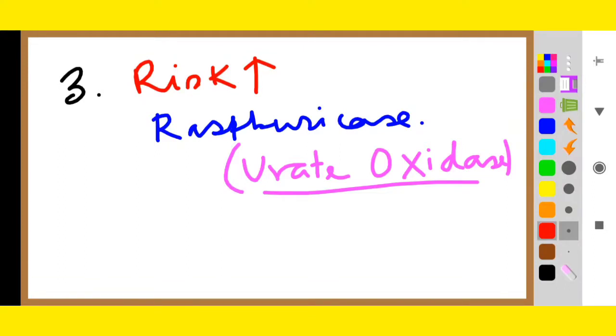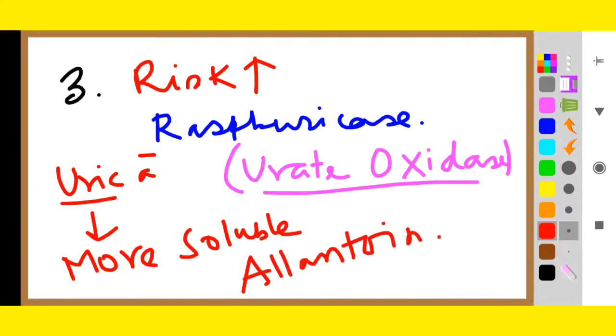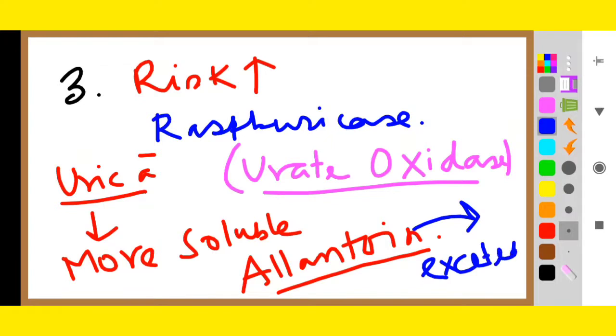The function of rasburicase is it converts the uric acid into more soluble allantoin. So what happens when uric acid is converted into more soluble allantoin? Basically, this can easily be excreted. And that is why we can use rasburicase in high-risk patients, and rasburicase acts as the urate oxidase which will convert the uric acid to more soluble allantoin, and that can be easily excreted.